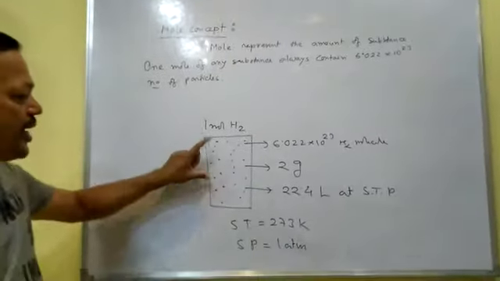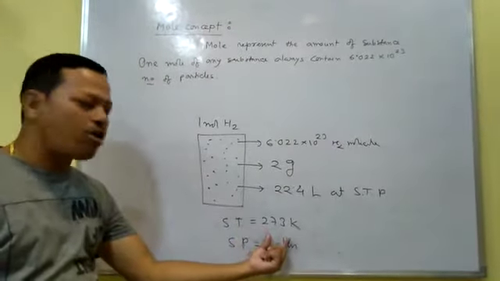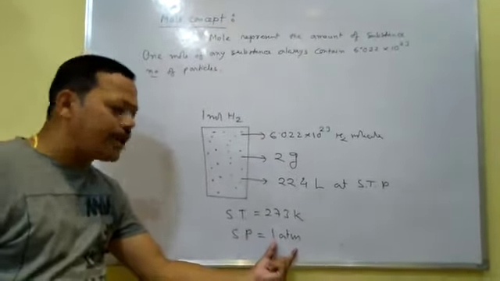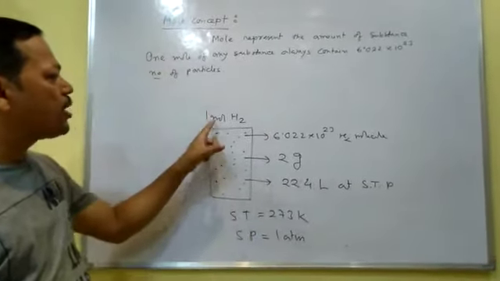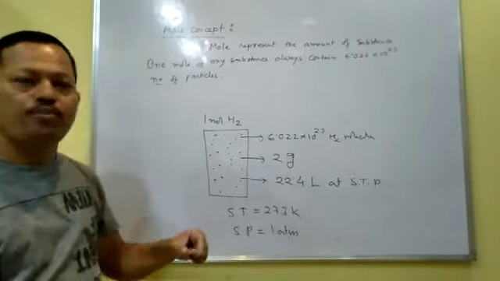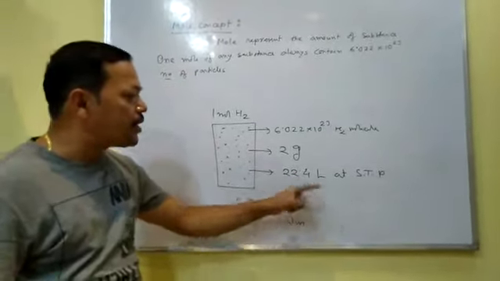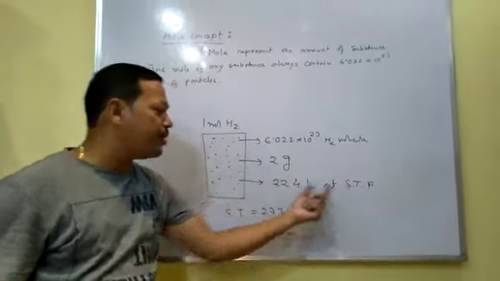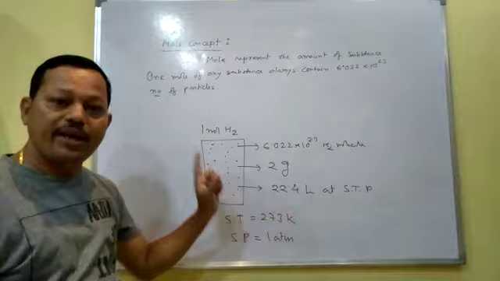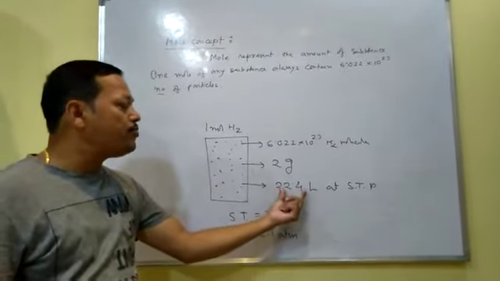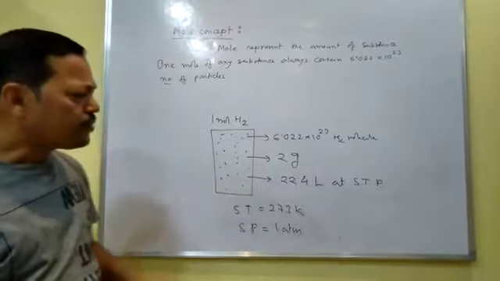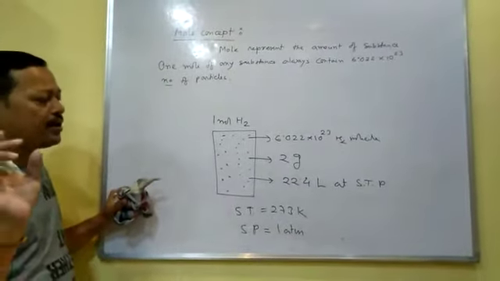I mean if the gas is present at a temperature of 273 Kelvin, and the pressure of the gas is 1 atmosphere, at that condition 1 mole of gas always contains 22.4 liters by volume. But if the condition is not STP, then you may not get 22.4 liter. This is applicable only for gas, and this 22.4 liter concept is applicable only at STP, I mean at standard temperature and pressure.